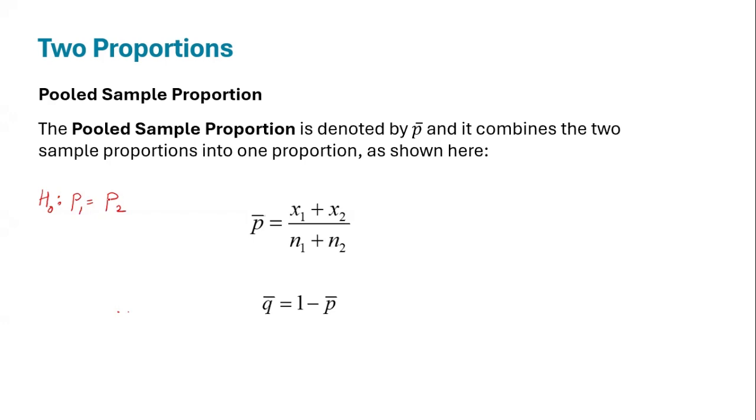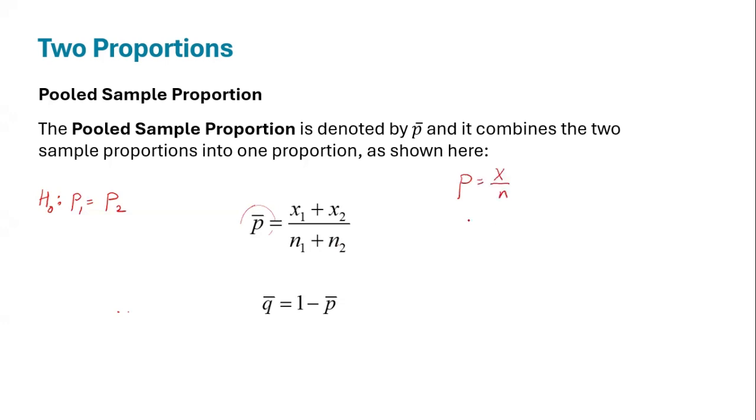The pooled estimate proportion, which we show by P bar, is kind of combining the two proportions. And we find the P bar by just adding x1 and x2 for the numerator and adding n1 and n2 for the denominator, because you know that the P is always x over n.